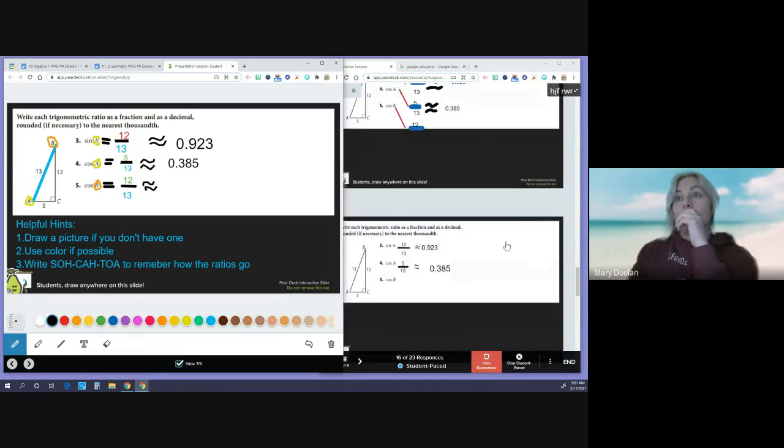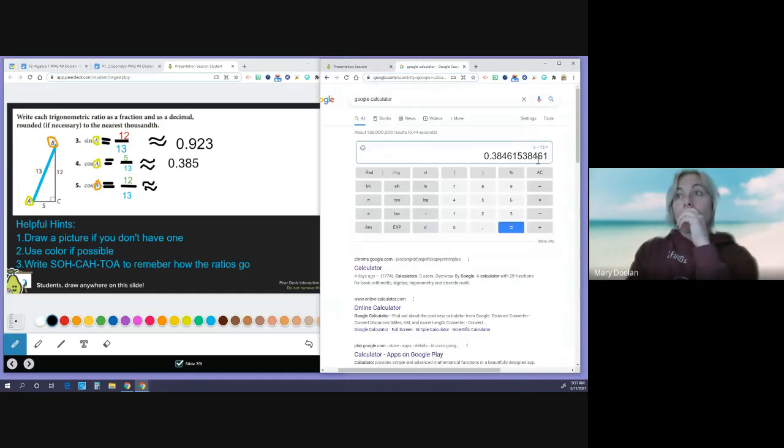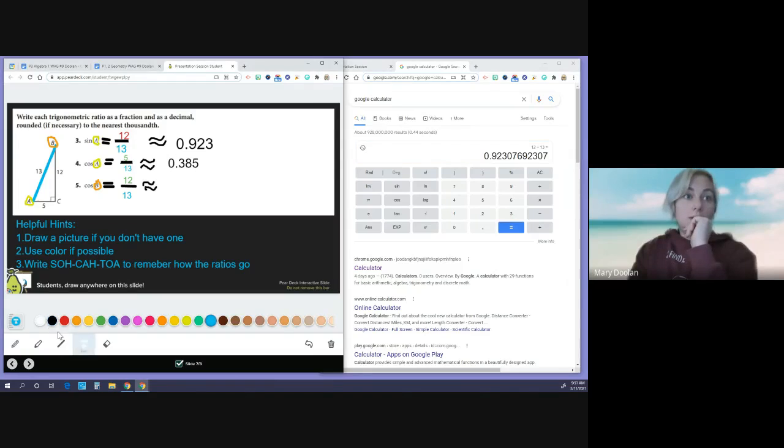Back to Google Calculator, 12 divided by 13 equals 0.923. 3 is in the thousandths place. Look next door, there's a 0, so it stays as a 3.